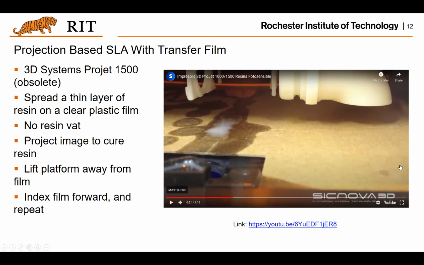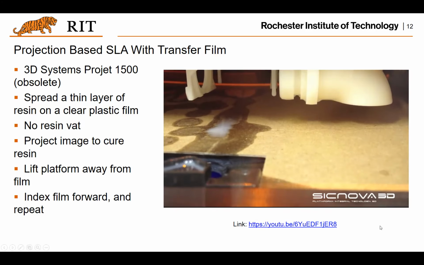So one layer is cured, and then the part is lifted, and the new liquid material is spread onto the plastic film. And then the part will be put back, and another layer will be cured. Let's look at it.